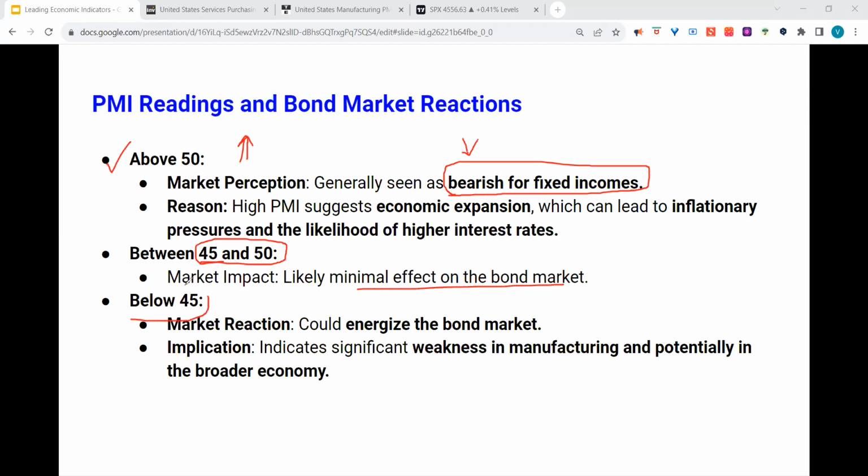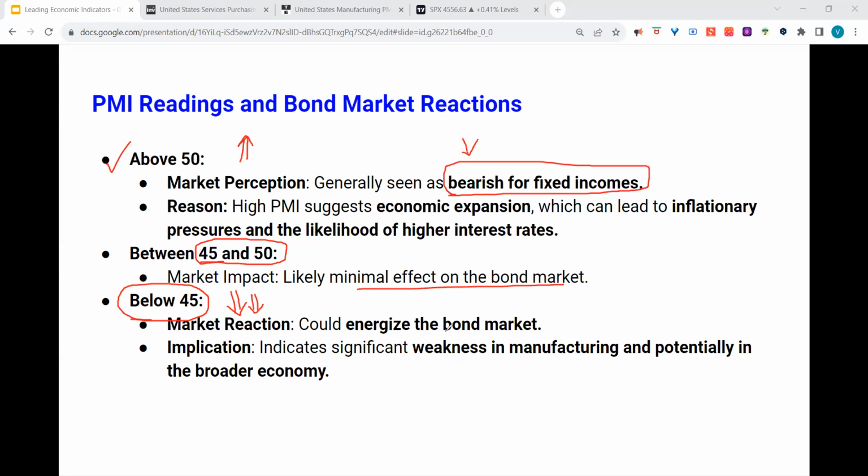And when it goes below 45, we know that the economy is contracting. Below 40, you can consider it severe. It's very rare that we have seen it go below 45 in the recent past, except in the COVID scenario. But the point is, when it is below 45, there is a decline in manufacturing and a decline in the economy. So there is pessimism in the overall economic sentiment.